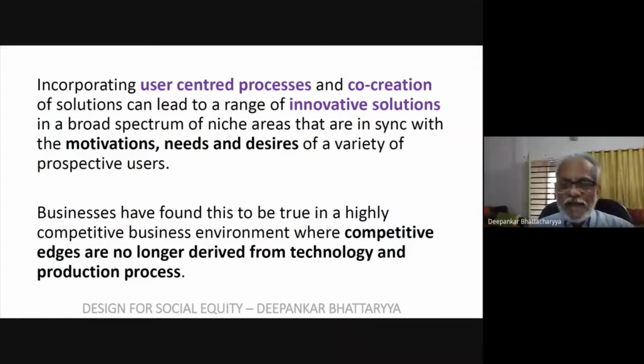So what has happened over here is the whole function has shifted into a behavioral space. So when this happens, designers need to concentrate a great deal more on behavior, on understanding user behavior.